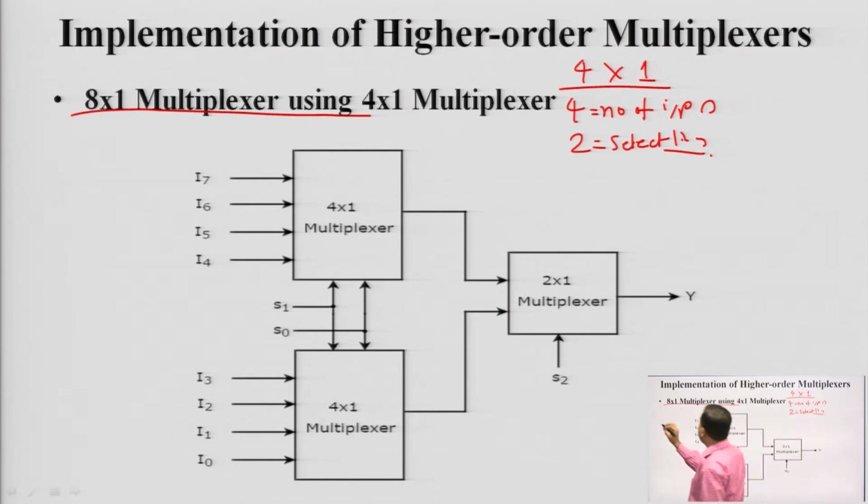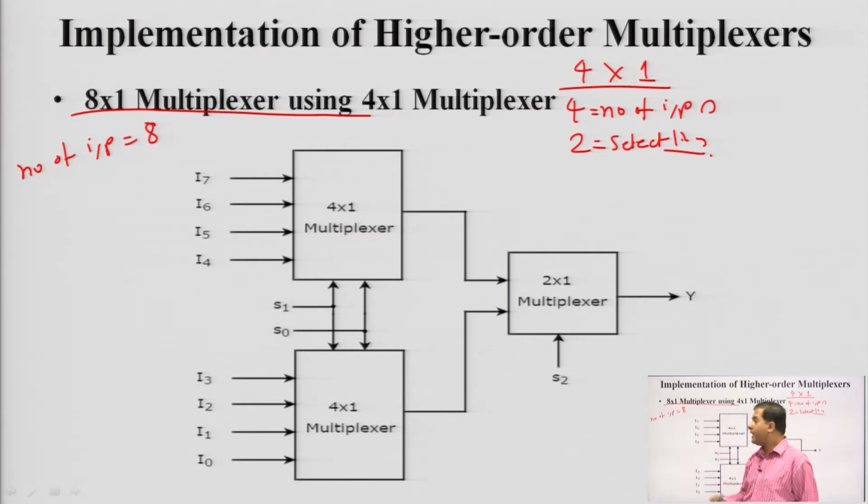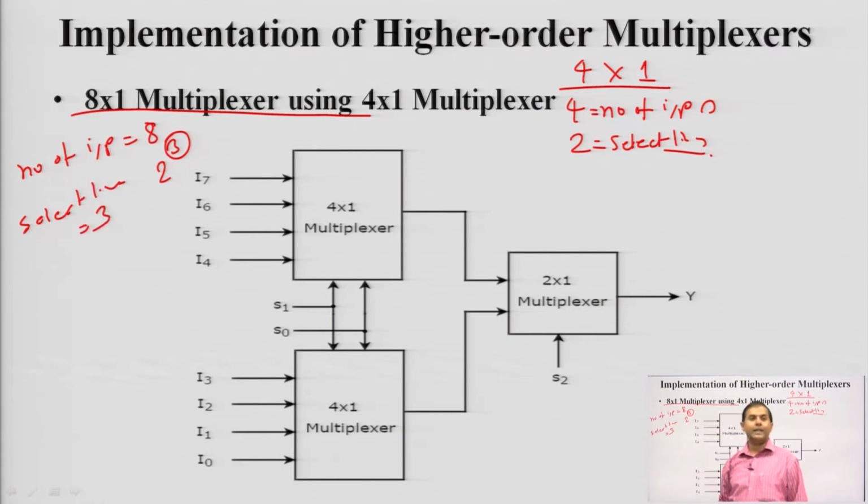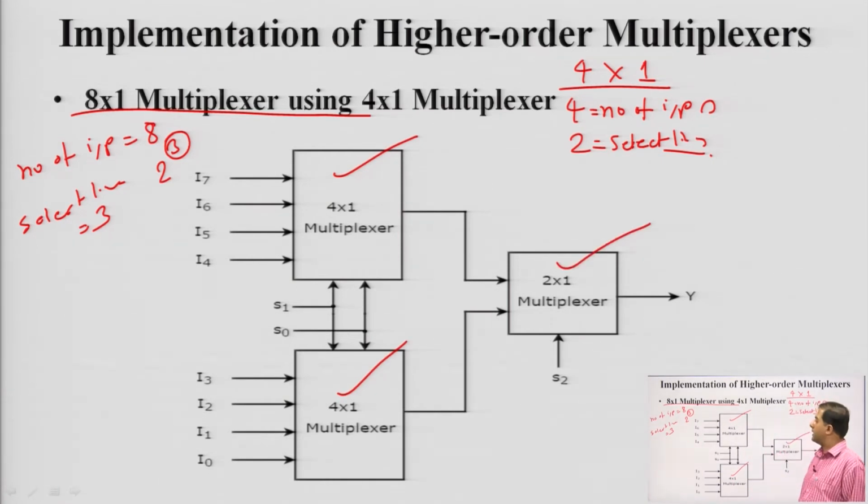For 8 cross 1 the number of inputs will be 8, and 8 is 2 to the power 3, so there will be 3 select lines. But in 4 cross 1 there are only 2 select lines. So, we will take two 4 cross 1 multiplexers and one 2 cross 1 multiplexer to implement this. How are we going to do this?